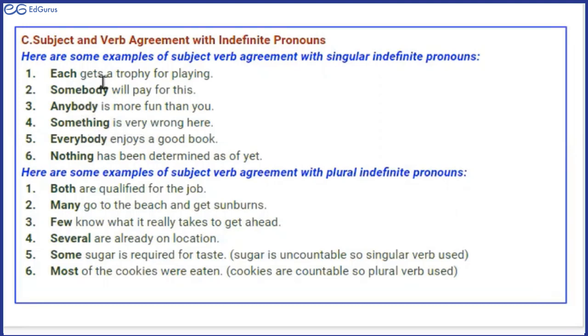For example, look at these examples. Each gets a trophy for playing. Each player gets a trophy for playing. Each player singular. Each singular. Right? Just as for example, many a times the teacher says, 40 students are there in the class.